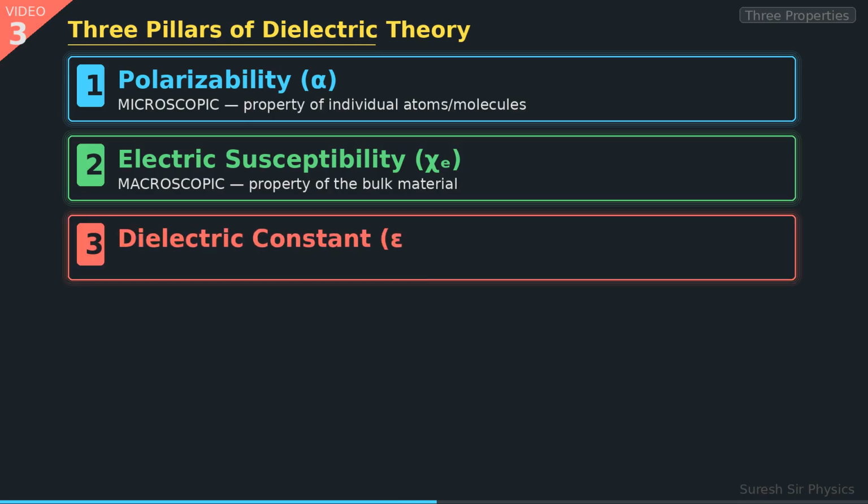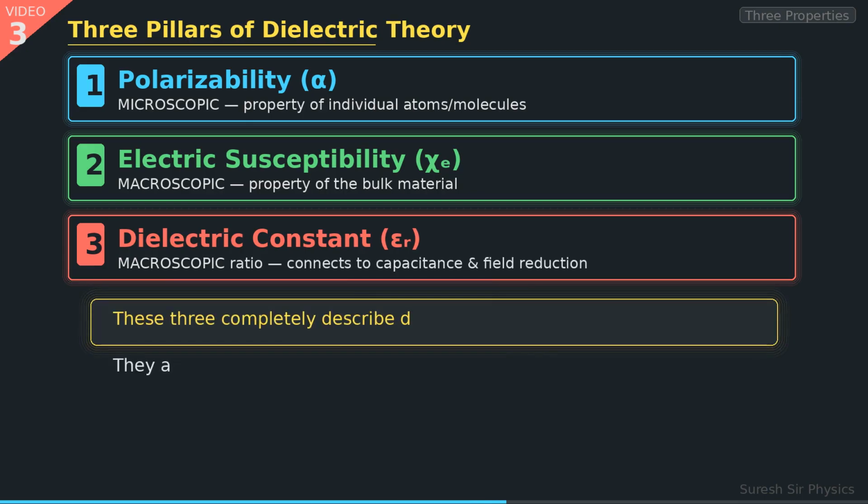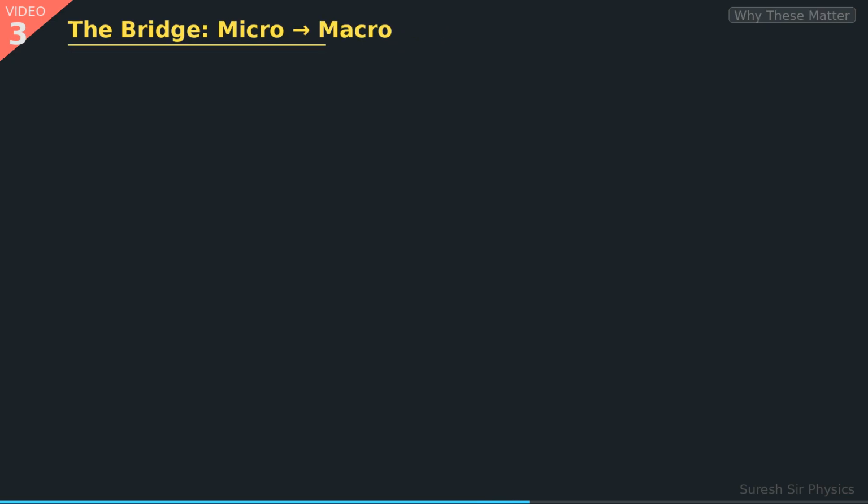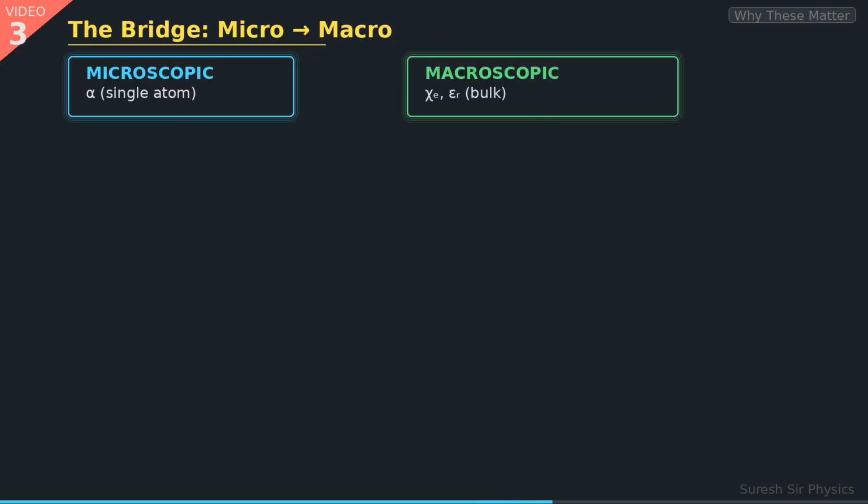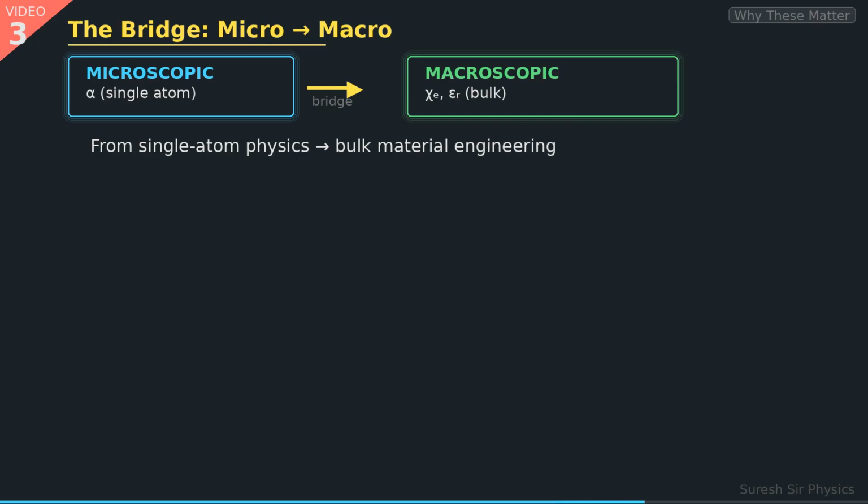Dielectric constant is denoted by epsilon sub r, a macroscopic ratio that connects to capacitance and electric field reduction. These three quantities completely describe the dielectric behavior of any material. They are interconnected. Understanding one helps you understand all three. Together, they bridge the gap from single atom physics to bulk material engineering.